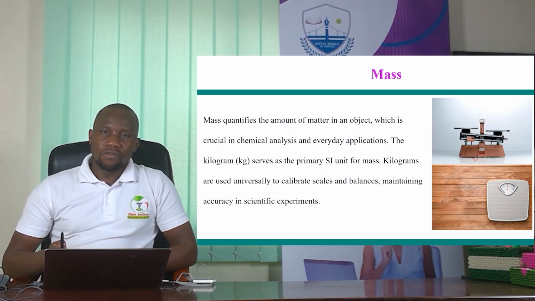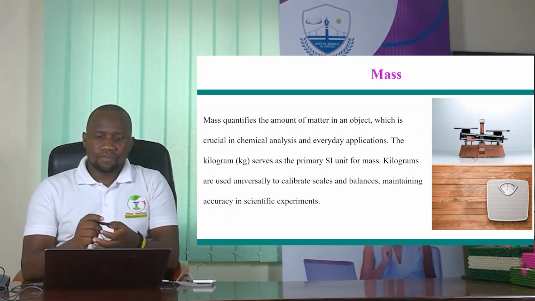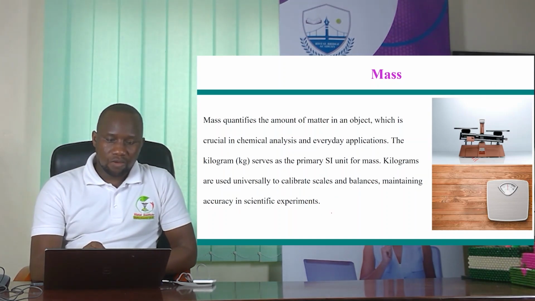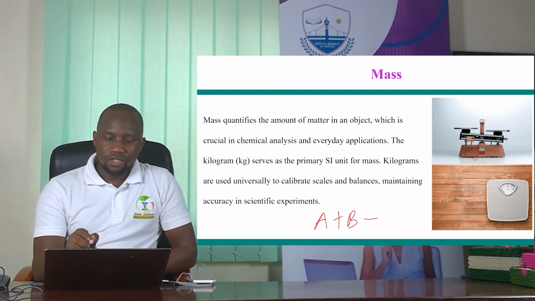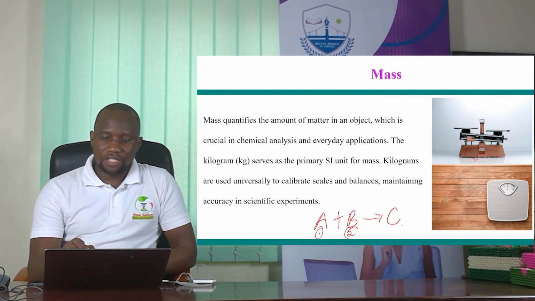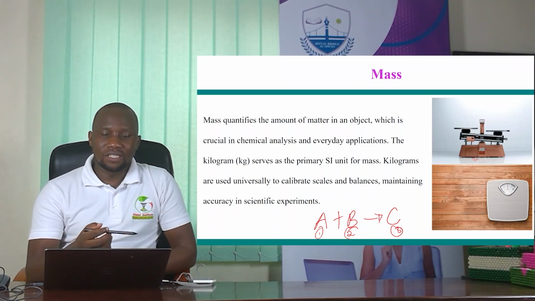Okay, so when we want to know how to produce a particular product, we may need to know how much we need to add. Okay, so A plus B to give us C, we need to know how much to add, how much should A be and how much B should be. Eventually we shall know how much C will be. Okay, so we carry out these measurements.